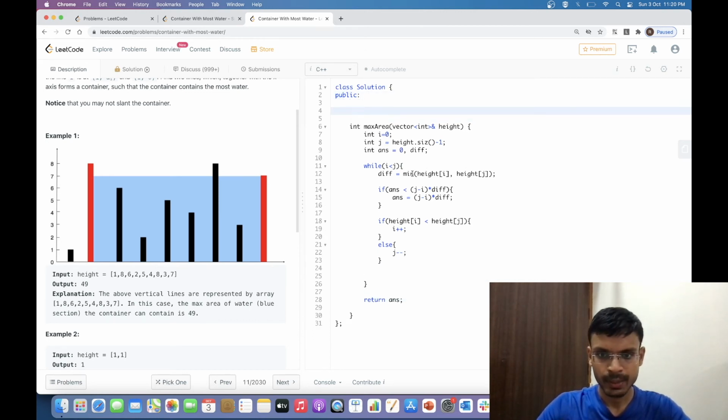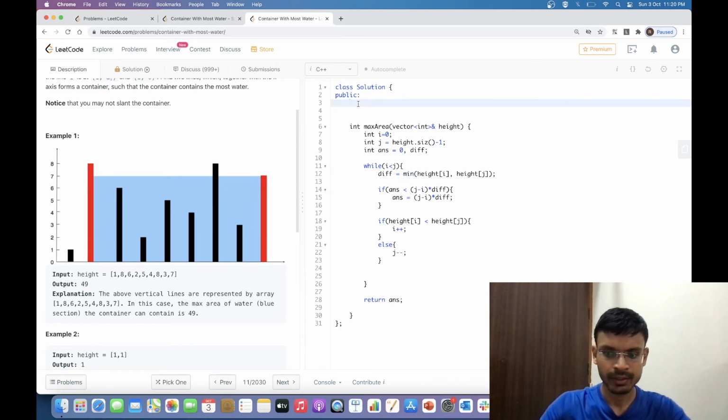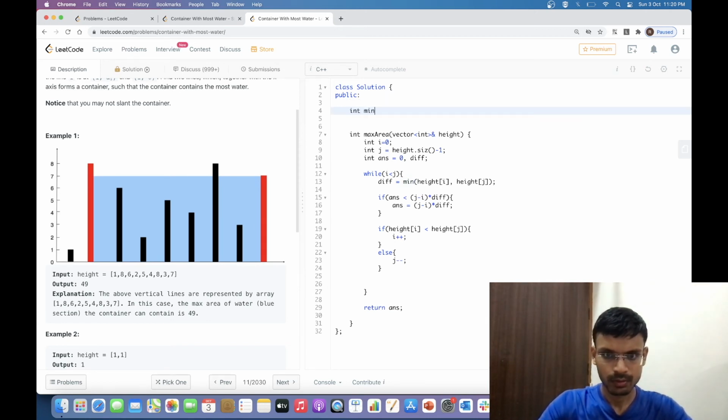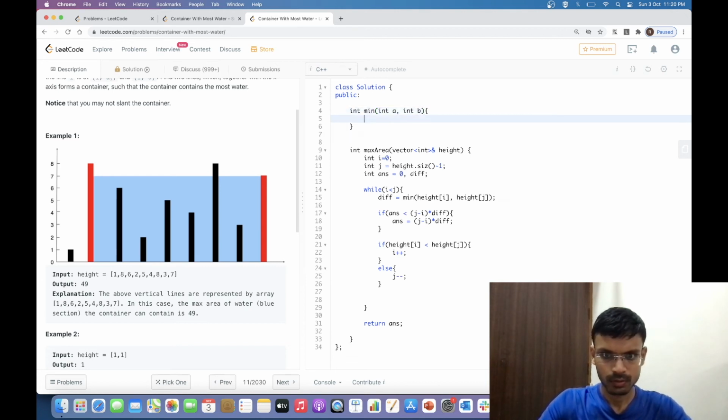We need to write the minimum function here because we have defined it. We will write a ternary operator: if a is less than b, return a, else return b. The diff value is calculated, and let's try to submit it.